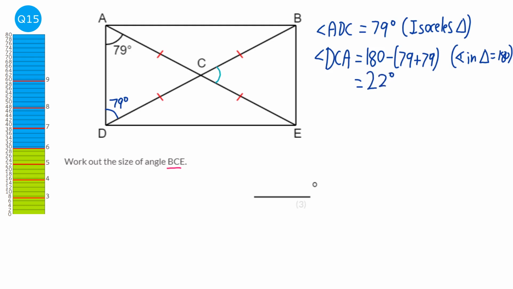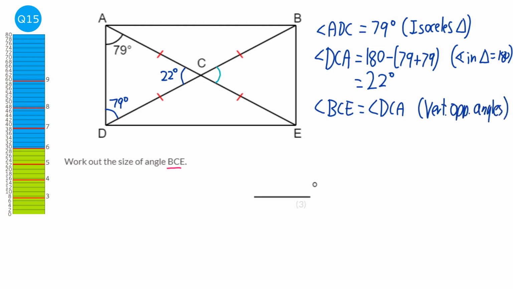So we know that this is going to be 22 degrees. And now we can actually work out angle BCE because it's going to equal angle DCA. And the reason for that is they are vertically opposite angles. So that's just going to equal 22 degrees.